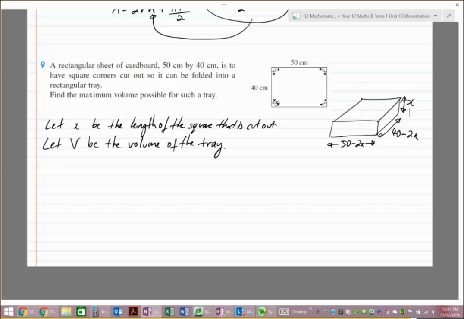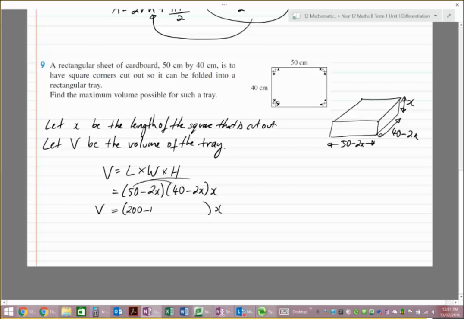So this one I'm going to be able to write down directly. The volume is equal to the volume of this thing, even though it doesn't have a lid. Our normal formula, length times width times height. So 50 minus 2x, 40 minus 2x times x. Okay, and you should do the expansion, definitely do the expansion. Since we've got two brackets times x, I'll leave the x outside.